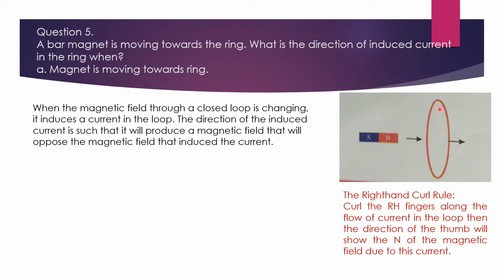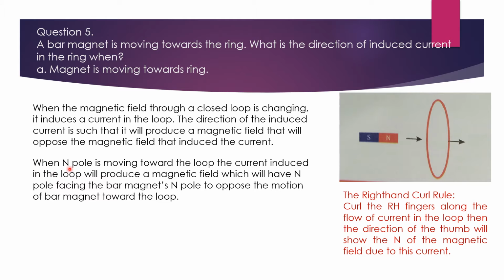Now, the direction of the current in the loop as well as the north pole of the induced magnetic field is found using the right hand curl rule. If you curl the right hand fingers along the flow of the current in the loop, then the direction of the thumb will show the north of the magnetic field due to this current.